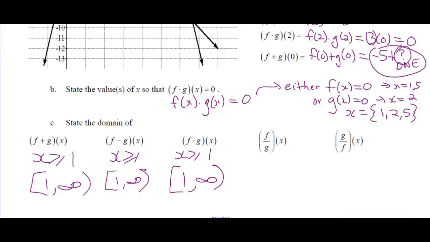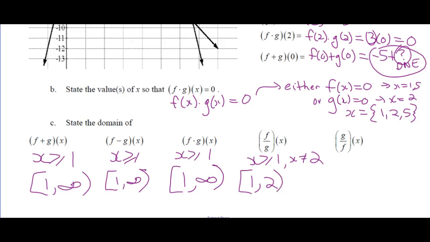So what are we going to say? X is greater than or equal to 1, but it cannot be equal to 2, right? So we have to restrict that. X can't be 2. In interval notation, 1 up to 2.